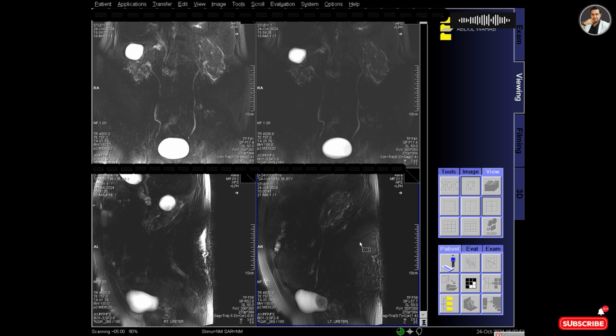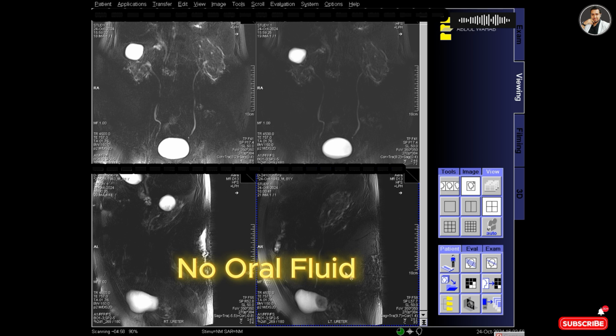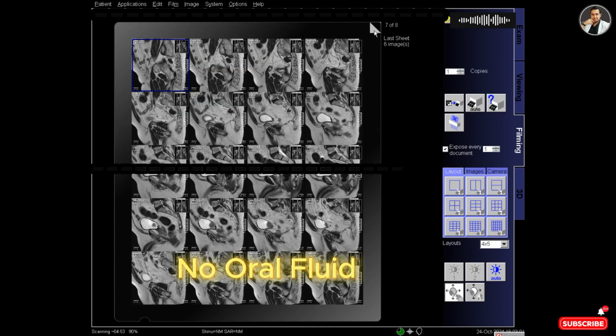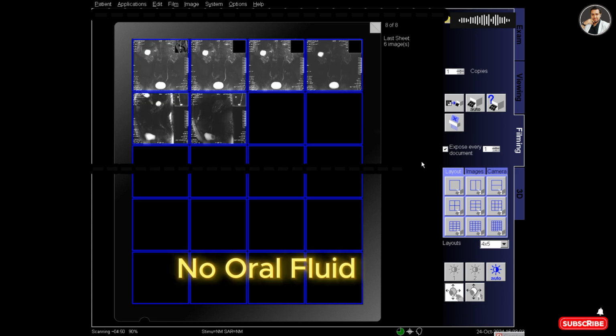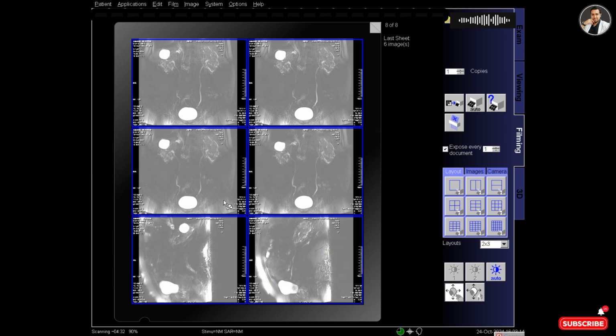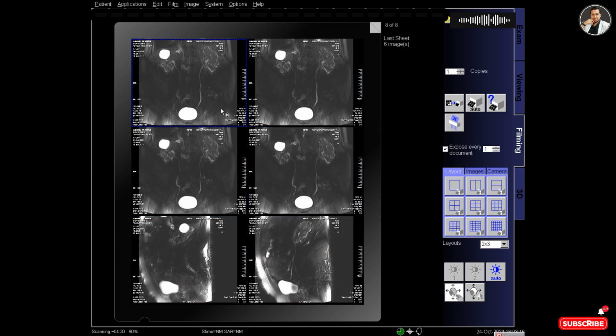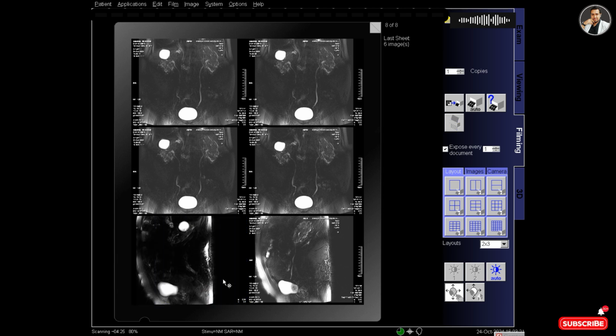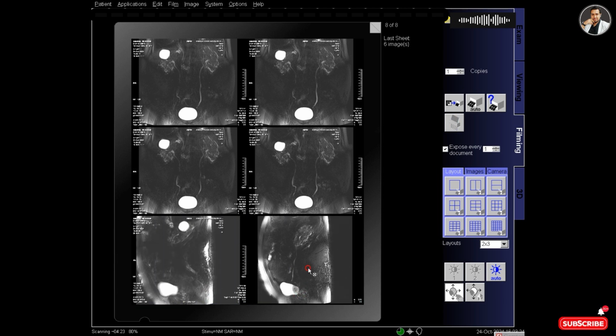So don't use oral contrast or oral hydration in case of MR urography. Don't ask the patient to drink water to get the urine flow. Drinking water by mouth will give us fluid signal from the intestine, and this fluid signal will mix with the ureter and the kidney.